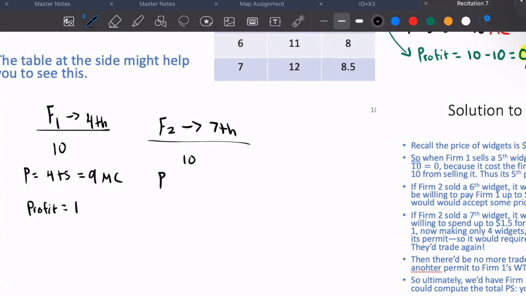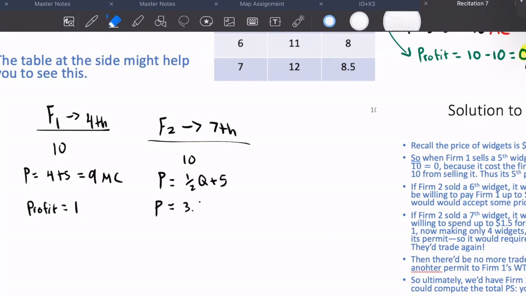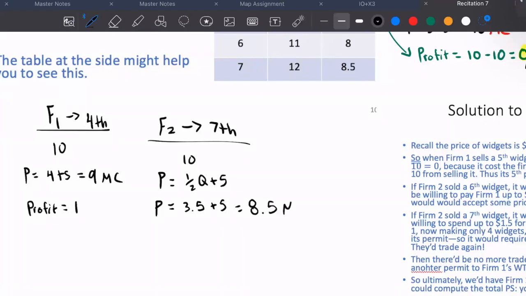Now, let's do the same thing for firm 2. It's going to be 1/2 Q plus 5. You plug in the seventh unit, which is 3.5 plus 5, to give us a cost of 8.5.